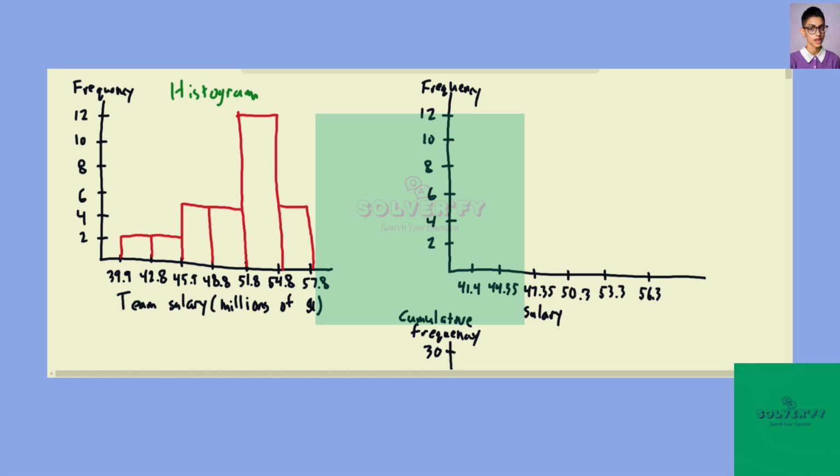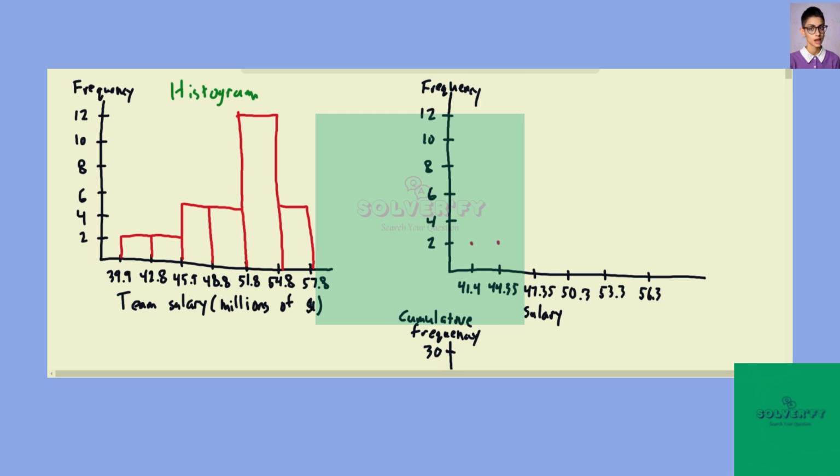Okay, then our frequency polygon. We have our graph, and we've labeled our axes with the y-axis as frequency and the x-axis as salary. It's basically the same as the histogram, we've just changed to the midpoints of the class limits.